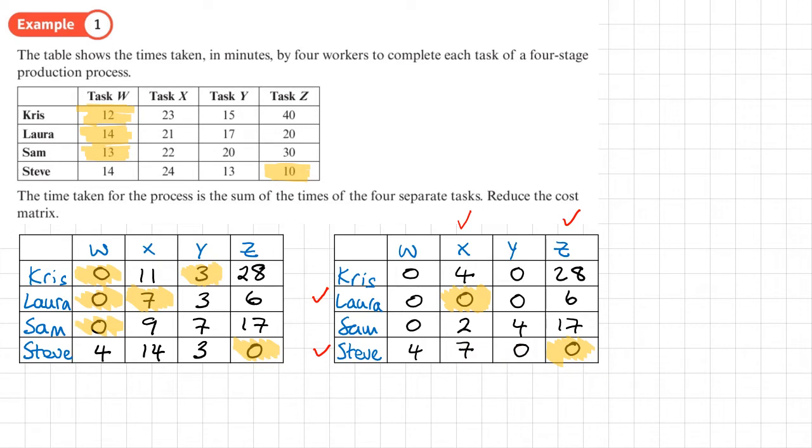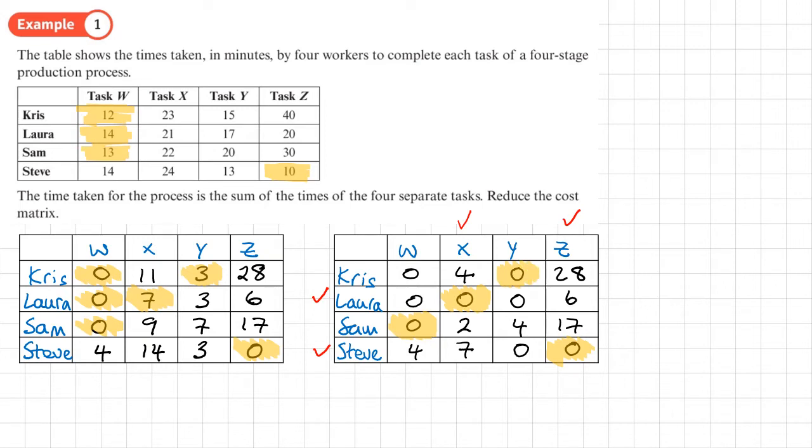So Steve, I would allocate to task Y, like that, and use that up. Sorry, my mistake. We've already used Steve, haven't we? So actually, it should be Sam allocated to task W, because that's where the only 0 is there. And then that means Chris has to be allocated to task Y.